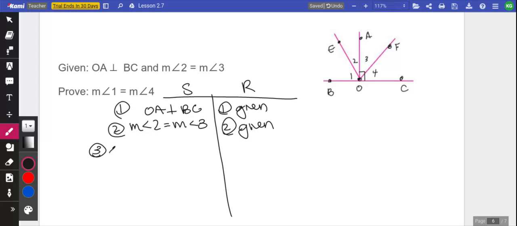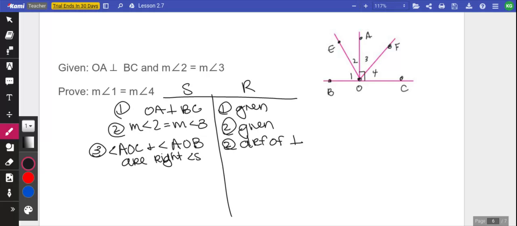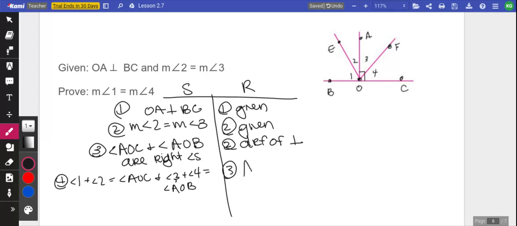Angle AOC and angle AOB are right angles. Because of definition of perpendicular. So that means that angle 1 plus angle 2 equals angle AOC, and angle 3 plus angle 4 equals AOB. Angle addition.